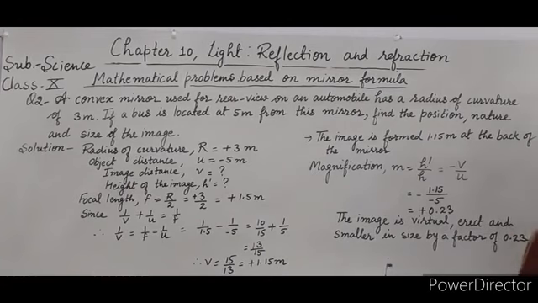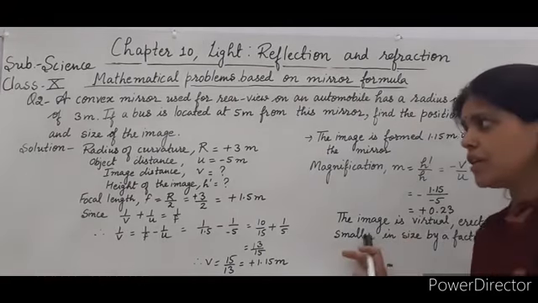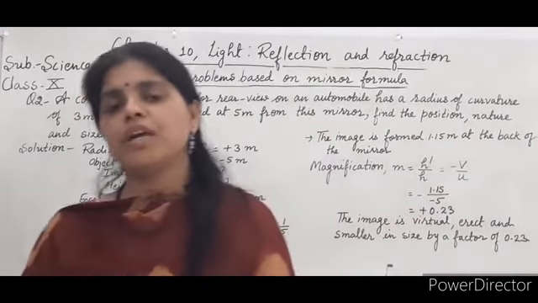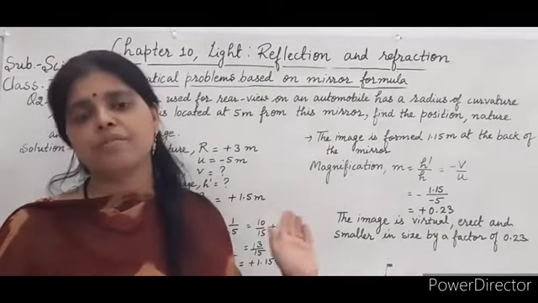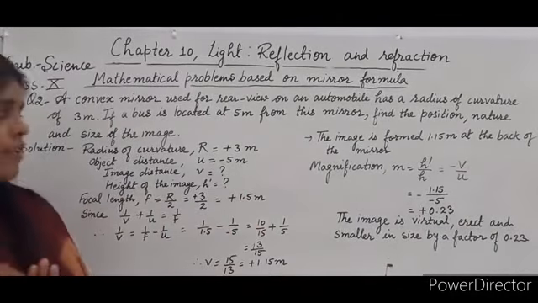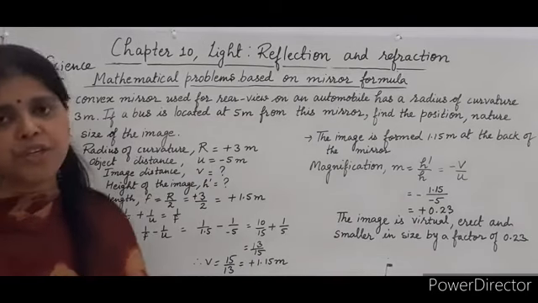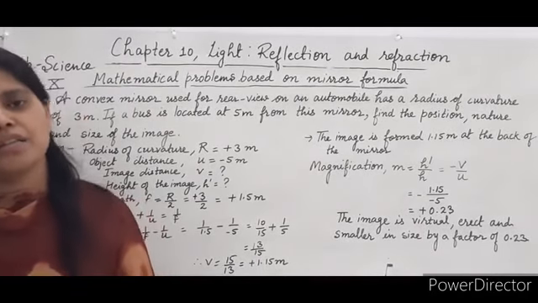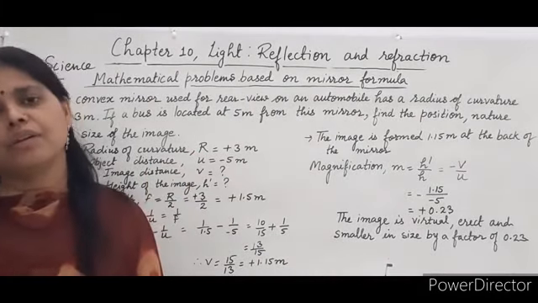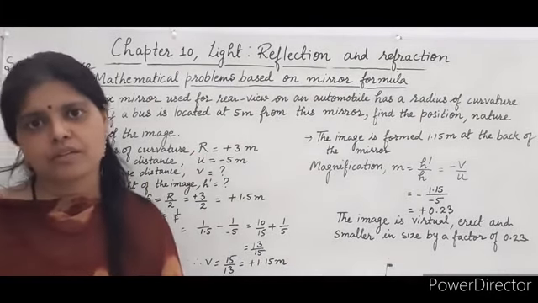So in this way, students, you can easily calculate the values of u, v and f by using the mirror formula. By putting the right values of u, v and f, you can easily calculate these values. Okay, thank you.